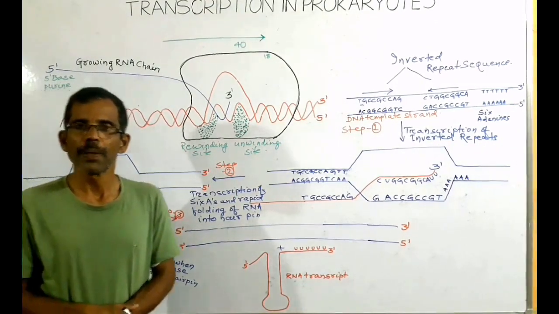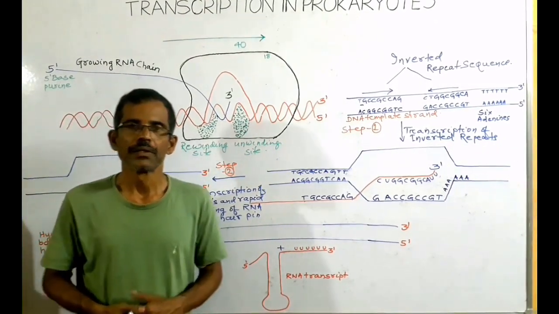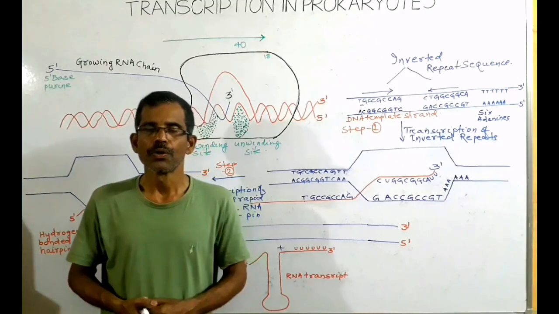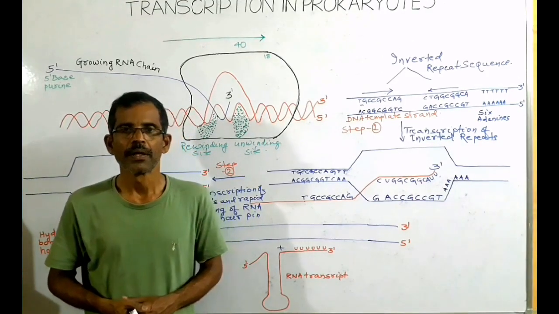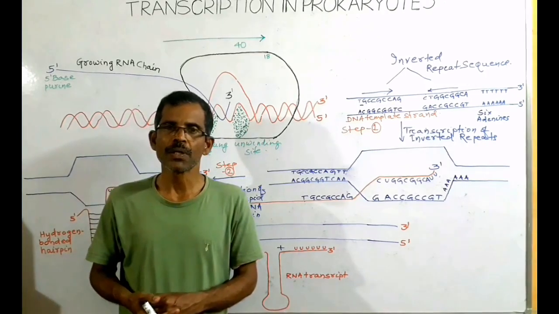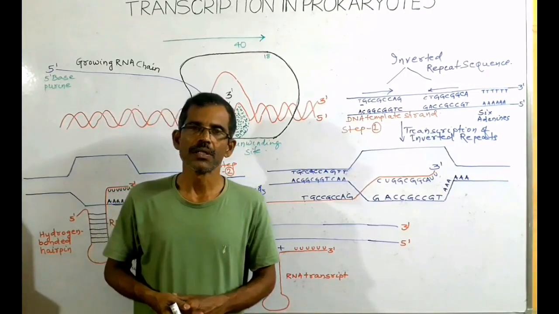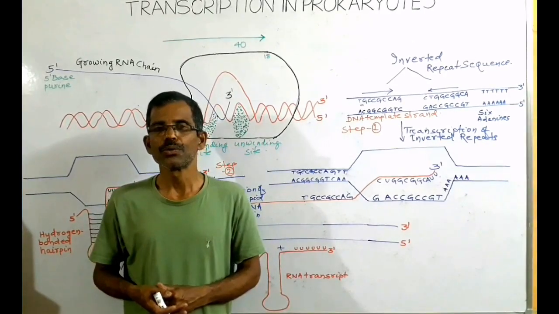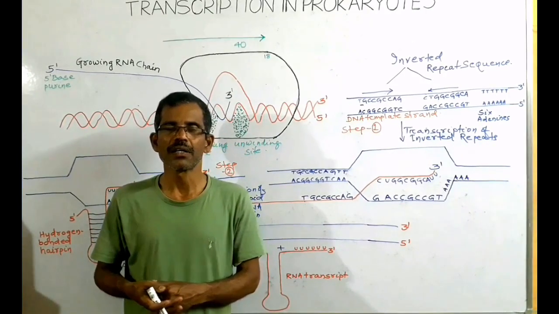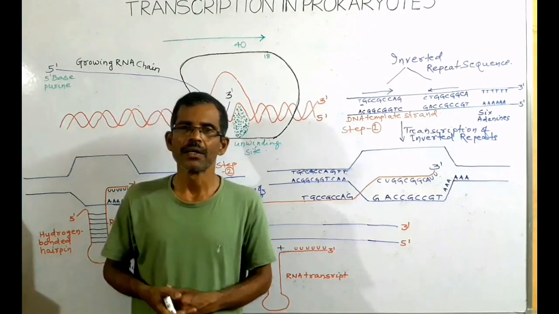Next, the rho-dependent terminator. The mechanism of rho-dependent termination is the same. In rho-dependent termination also, there is formation of a hairpin-like structure due to the presence of inverted repeats in the DNA template.